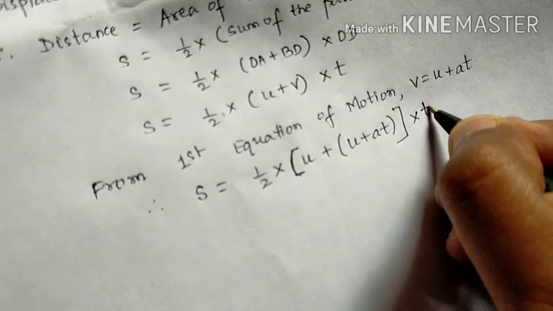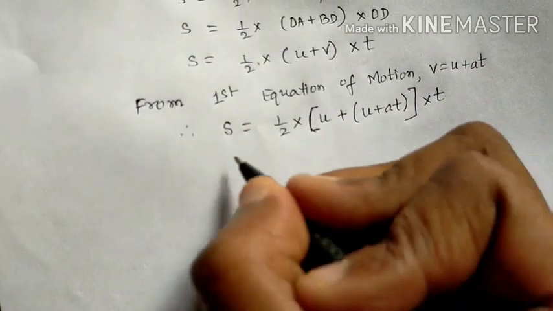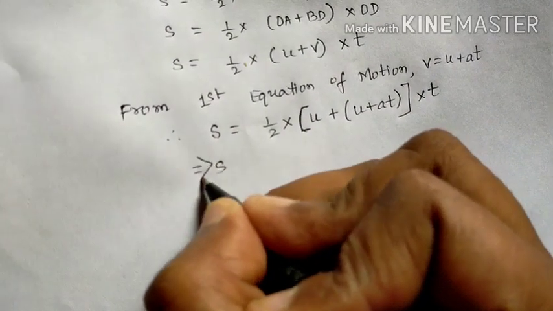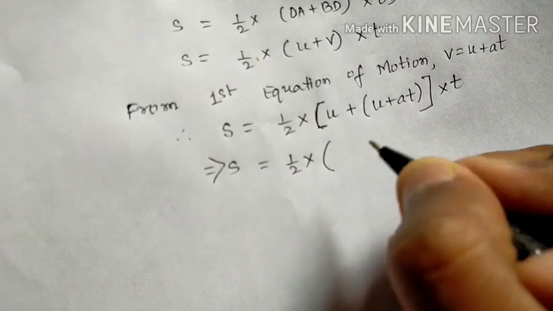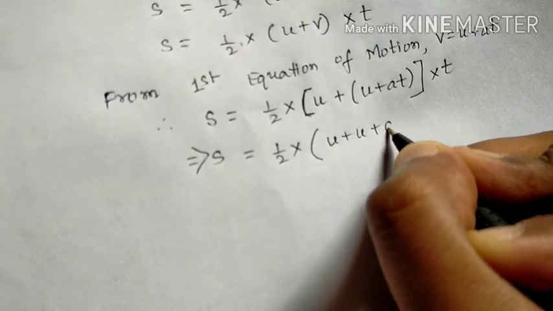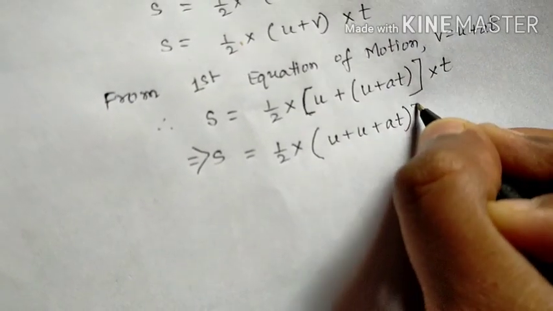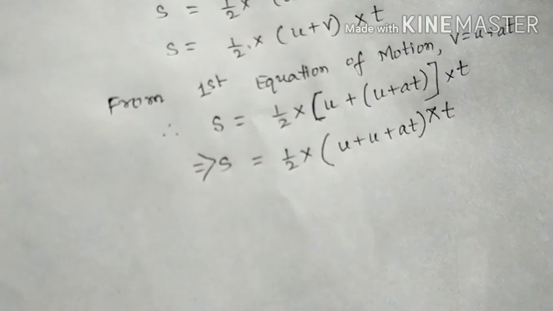Close the bracket, multiplied by time. So S will be equal to half into U plus AT and then multiplied by time.